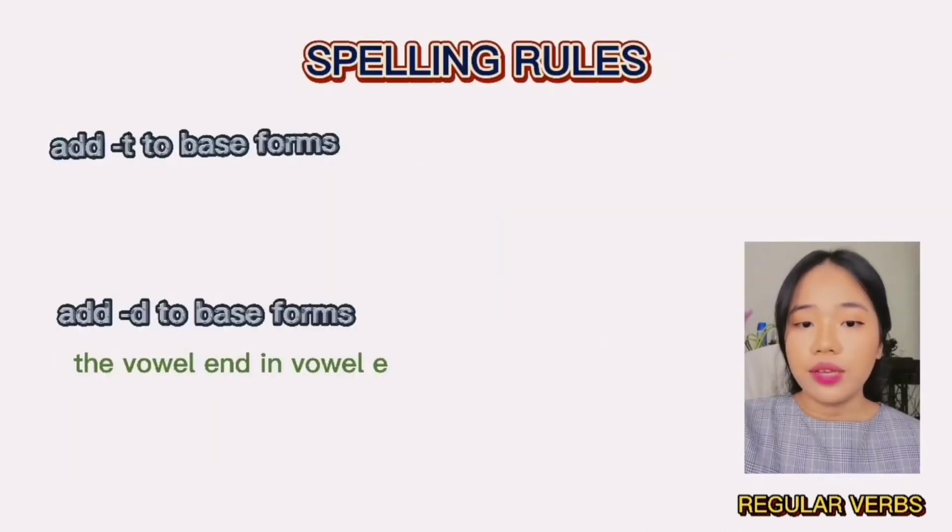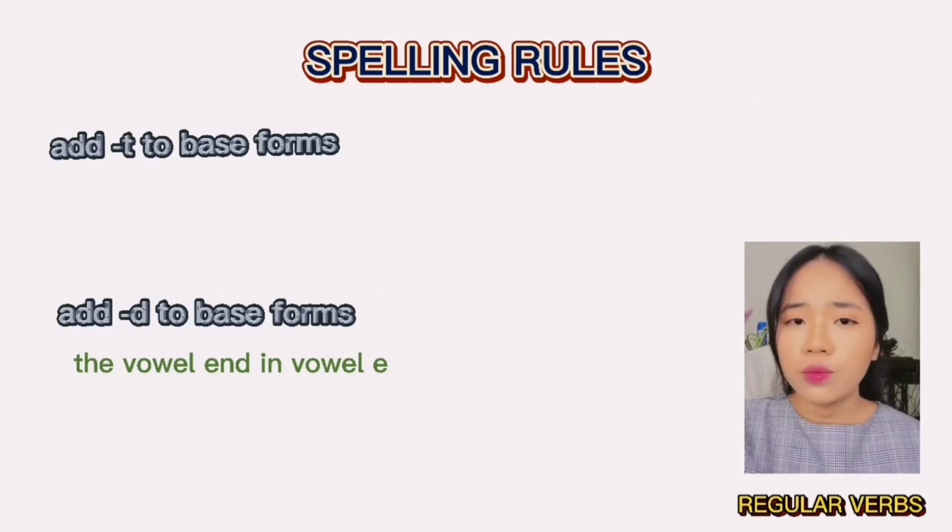And now we're moving to the spelling rules. Let's start with the t. Let's say you might find a word that in one sentence ends with ed, but in another sentence ends with t. So which is the right one? Is one of these wrong?